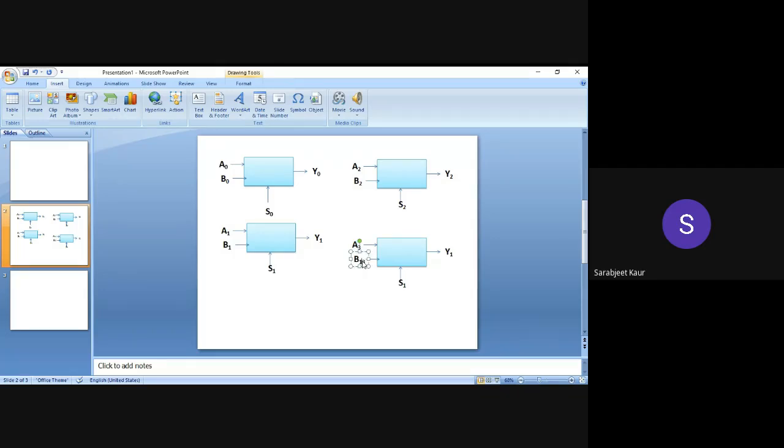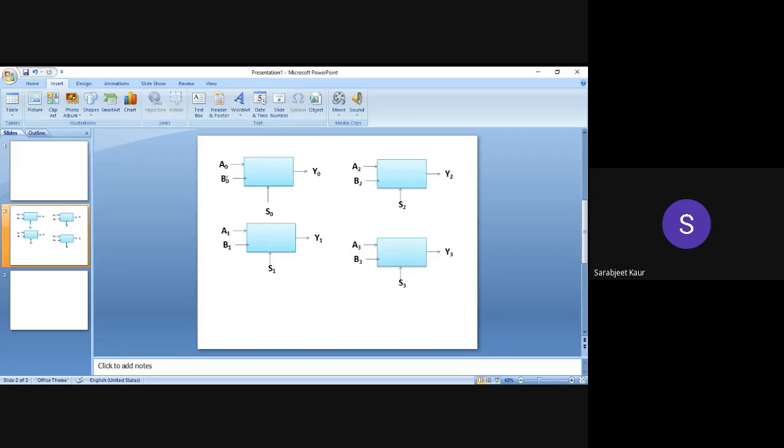The input lines corresponding to the fourth mux are called A3, B3, select line S3 and the output line Y3. Right, so these are the four muxes that we want to put together.